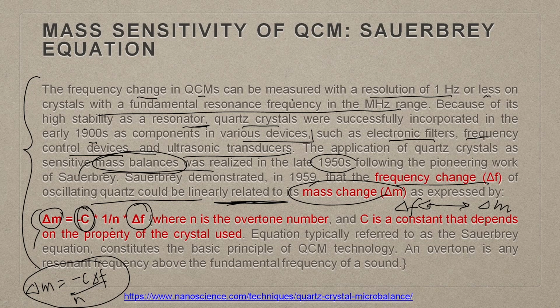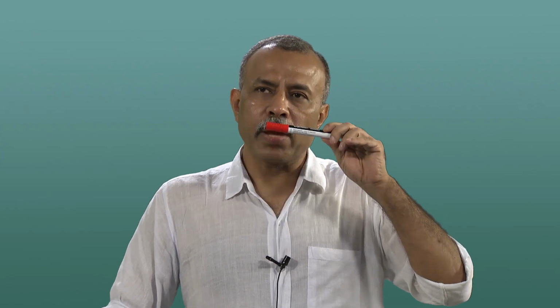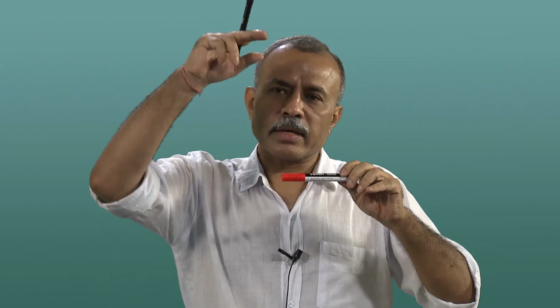This equation, typically referred to as the Sauerbrey equation, constitutes the basic principle of QCM technology, and an overtone is any resonant frequency above the fundamental frequency of sound. When we talk about overtone, anything has a fundamental frequency, the base frequency. Overtone is anything above the base frequency, and that is called overtone numbers.